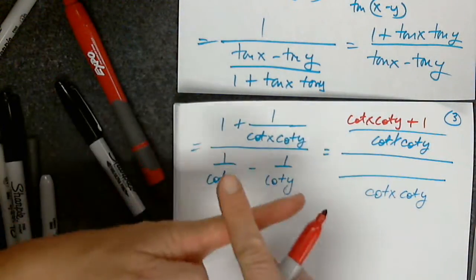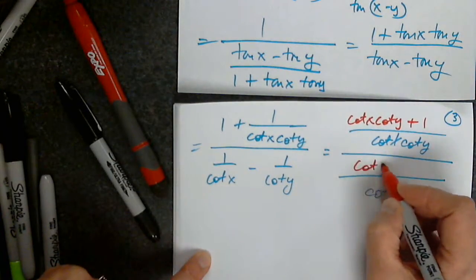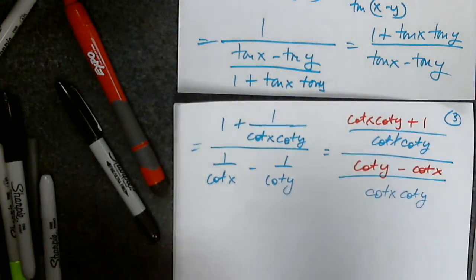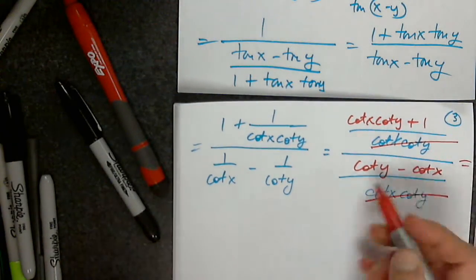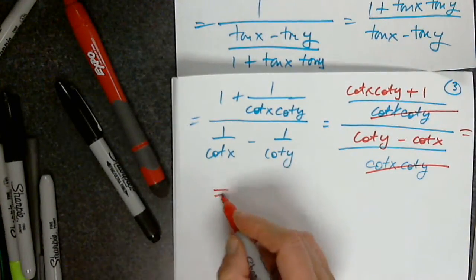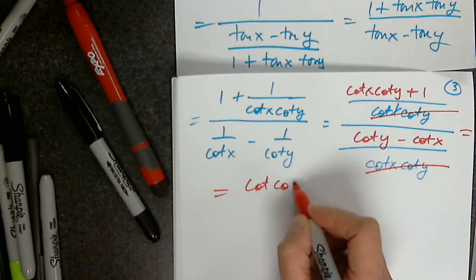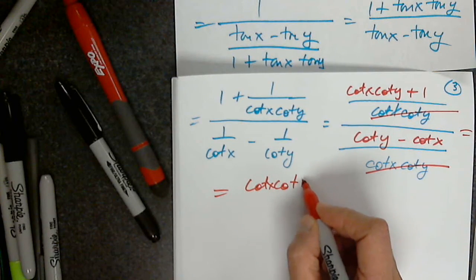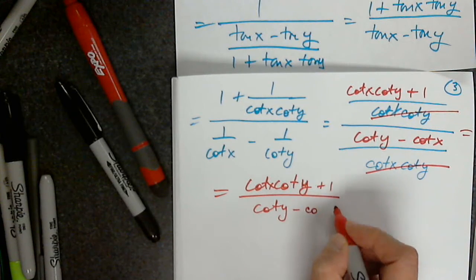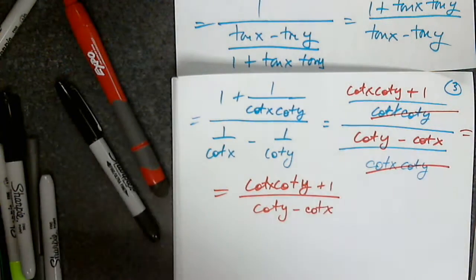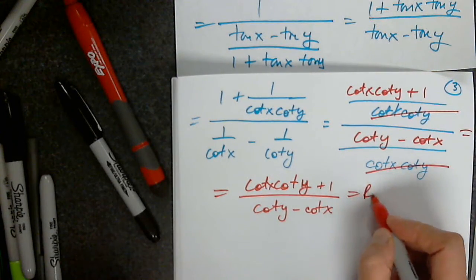And then I multiply this one by cotangent y minus cotangent x. And you split multiply. Exactly. Those two will go away. So I get exactly what I want: cotangent x cotangent y plus 1 over cotangent y minus cotangent x. And this is the right hand side.